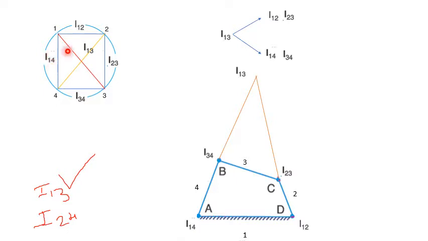The upper triangle is a combination of I12 and I14, whereas the lower triangle is I23 and I34. This line represents I24, the instantaneous center of links 2 and 4.